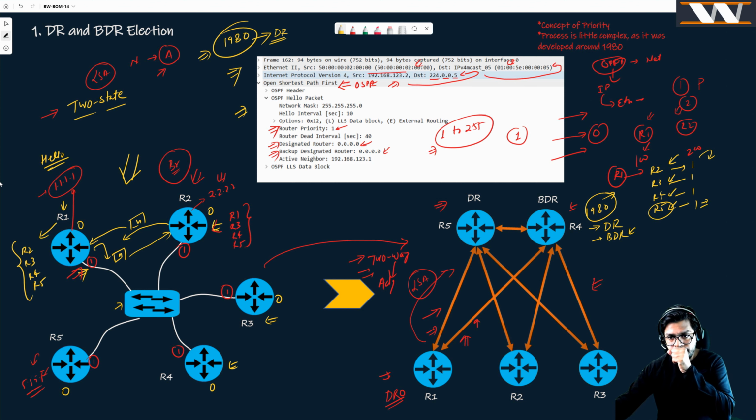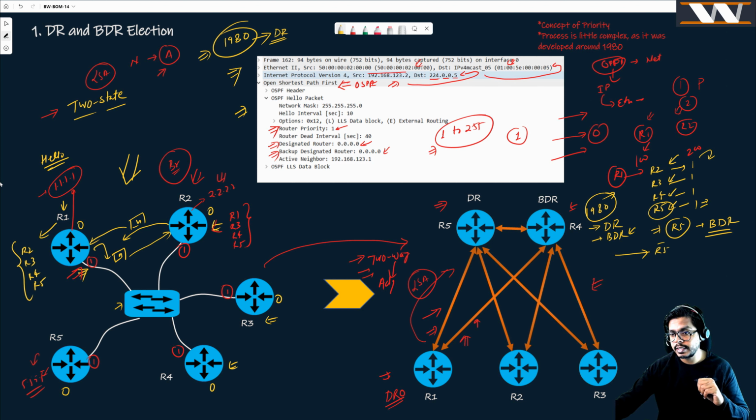So right now, as you see, R5 has the topmost router ID. It means that it is going to be the BDR because OSPF selects only the BDR, right? But as soon as it sees that out of all the routers it has selected the BDR, it just changes state from BDR to DR, because this is the very first router out of these which got elected as the BDR.